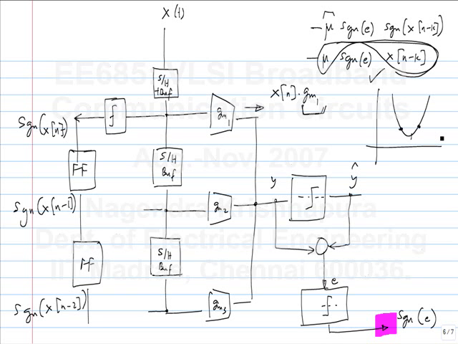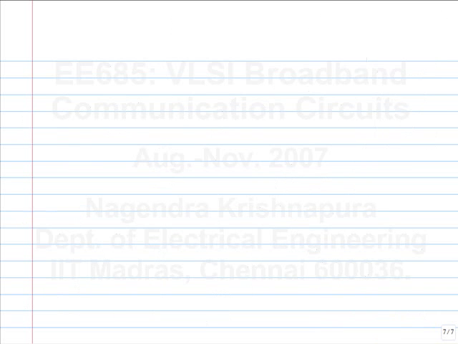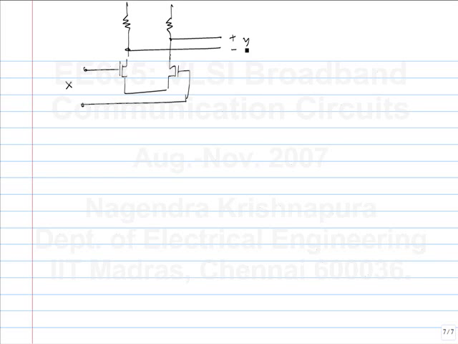Okay. So the question is, I want to change the sign of the tap. How could I implement that? What can I do? No, the sign of the tap should be, so in this case, let's say this is X and I take this to be my output Y, and by varying the tail current or by doing some other things, I can change the gain, but it will always be positive.